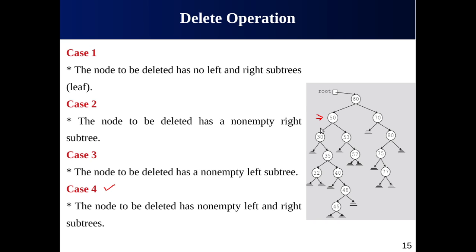Now you can see the left child is present and the right child is also present. For example, you want to delete 35. In this case, the left subtree is present and the right subtree is also present. Okay, let's suppose you want to delete 60. Left is present, right is present. That is case number 4.